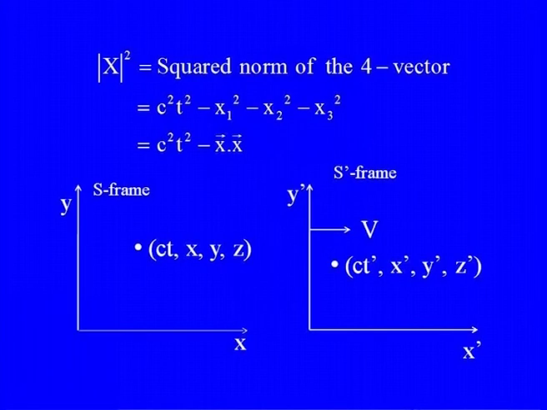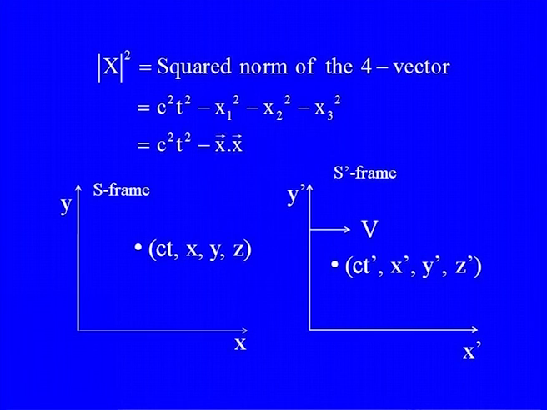So, x0 is equal to Ct, and the vector x is x1, x2, x3, or x, y, z if you wish in Cartesian coordinates. Now, what is the squared norm of this quantity? As we had defined, it is c squared t squared minus x1 squared minus x2 squared minus x3 squared. So, it is nothing but c squared t squared minus vector small x dot vector small x.